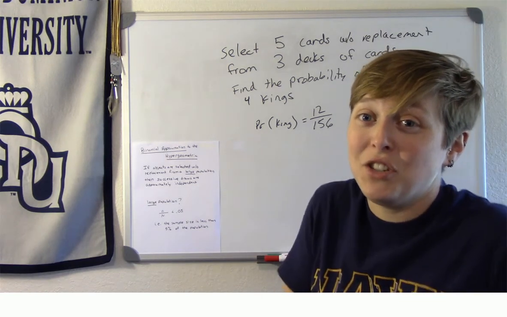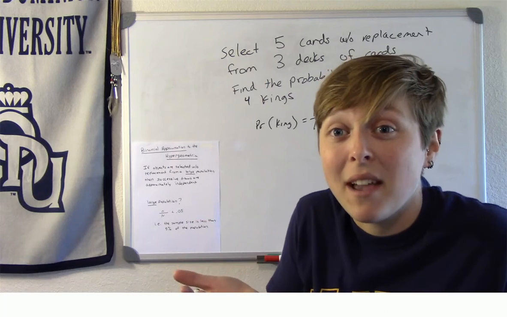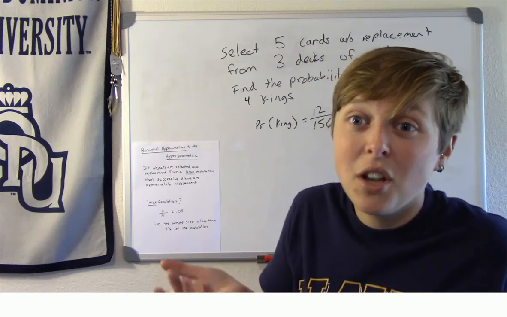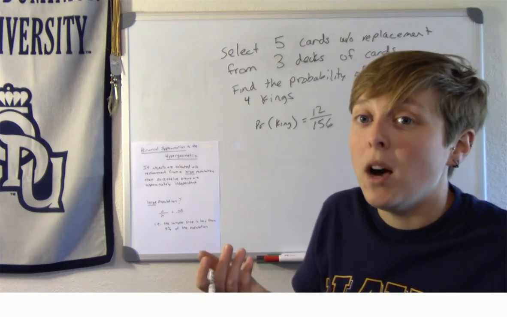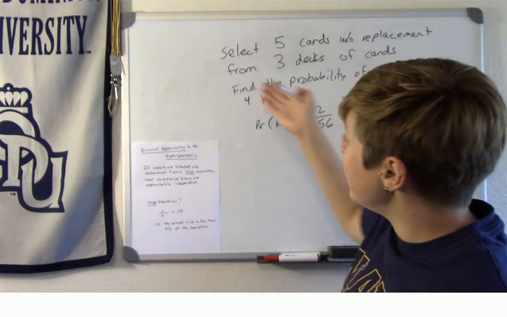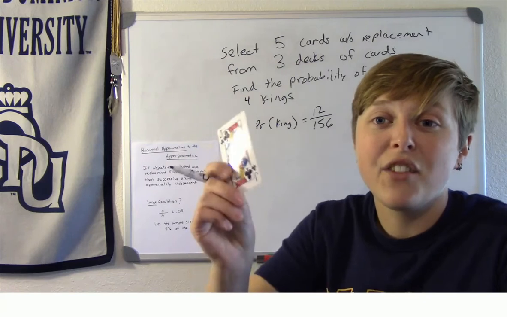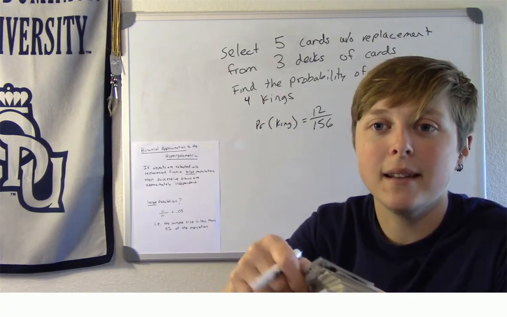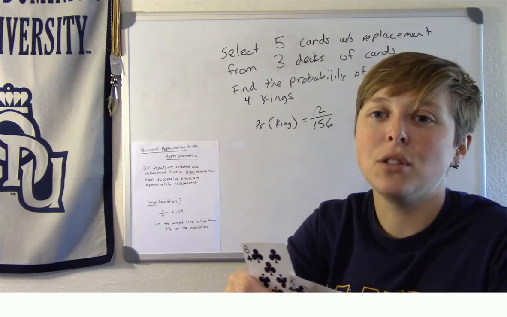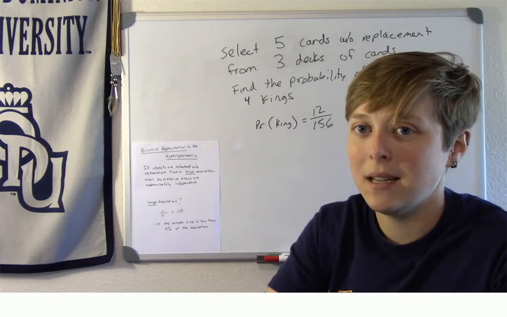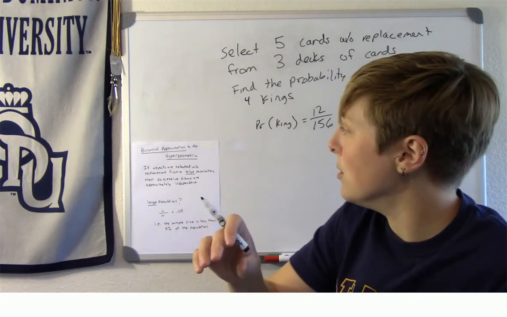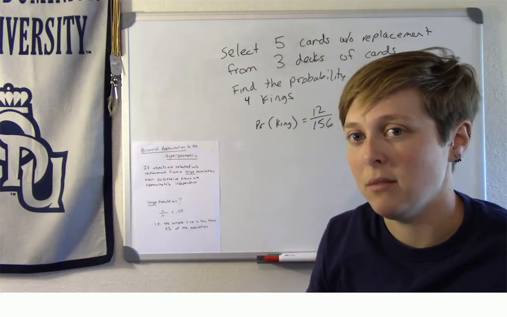And you can imagine as the sample size increases, 12 divided by 1,000 is really similar to 12 divided by 999. So with really large sample sizes, we're allowed to basically forget the fact that we didn't put it back in. We're able to pretend we used replacement even though we didn't. That's the binomial approximation to the hypergeometric distribution.